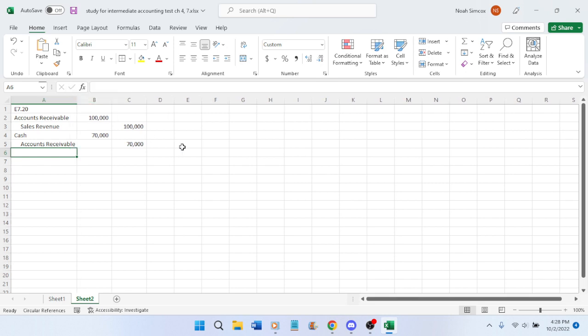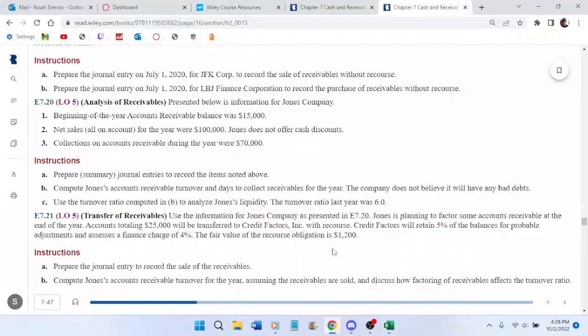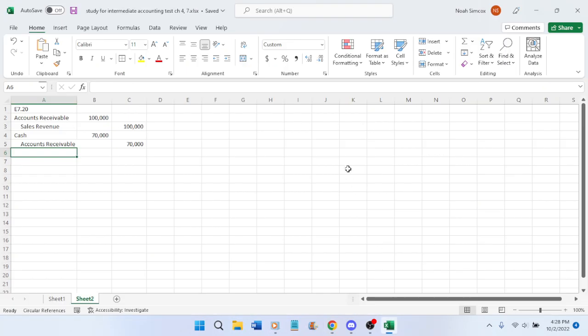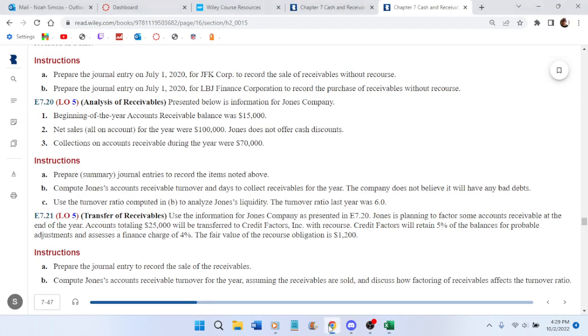I mean, that's pretty simple. Let me just double check to make sure that's correct. Accounts receivable, sales revenue, cash, accounts receivable. Yep, that's it. That's all I had to do for that part. Now what?